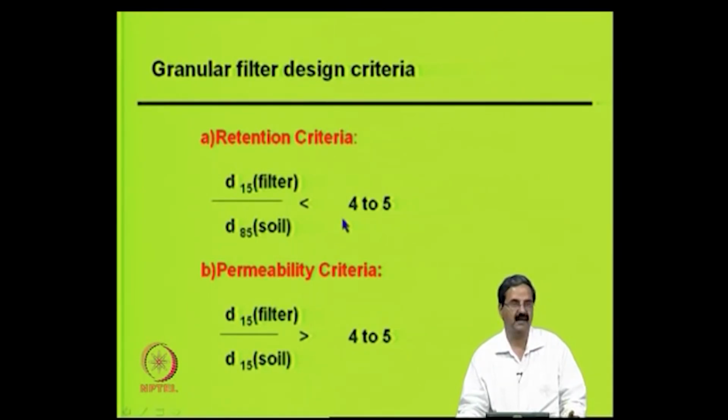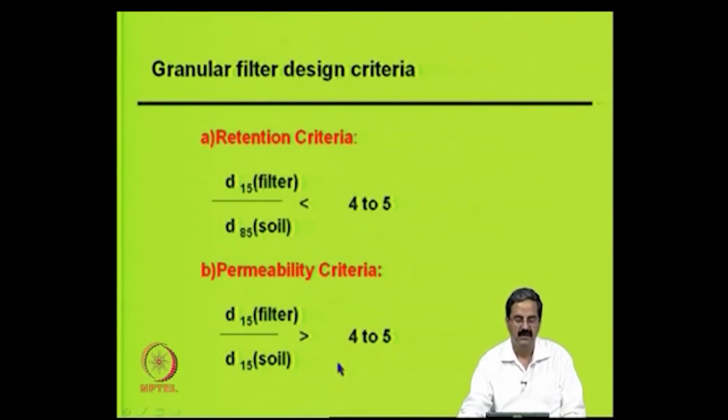That is the criteria given by Terzaghi. Then permeability criteria, D15 of the filter should be much higher than the D15 of the soil, at least 4 to 5 times.